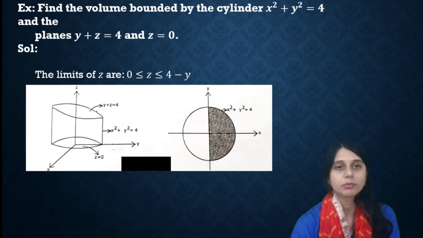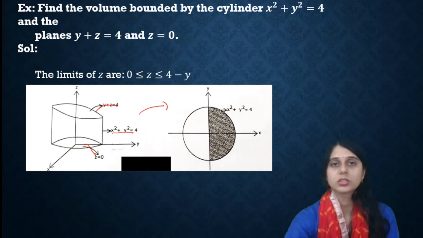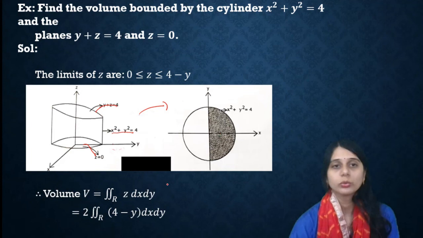It is y plus z = 4. The second one is x square plus y square = 4, and the third one is z = 0. So converting in two dimensions, the volume is the integral of z dx dy, we get 2 times the integral of 4 minus y dx dy.